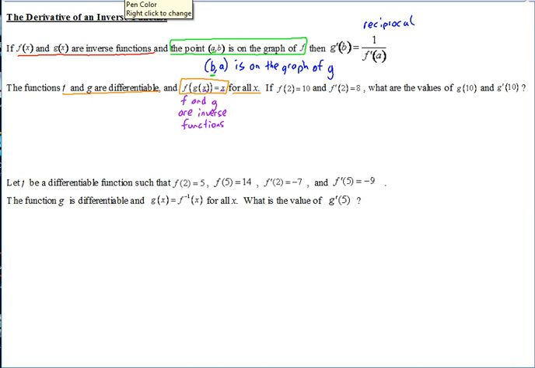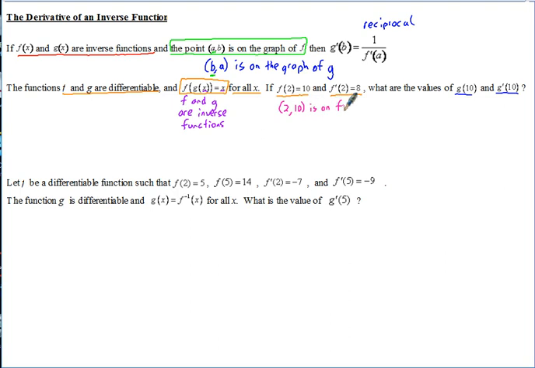Then it tells you f of 2 is 10, f prime of 2 is 8. What are the values of g of 10 and g prime of 10? Okay, so let's take a look at the information we're given here. f of 2 is 10. Well, that means (2, 10) is on f, right?